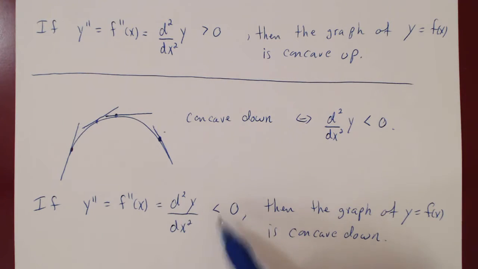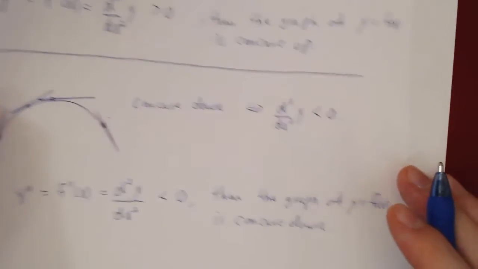If the second derivative is negative, the graph is concave down. So let's look now at the four possibilities, whether or not the first derivative is positive or negative, and the same for the second derivative. And then we'll know what the graph looks like.